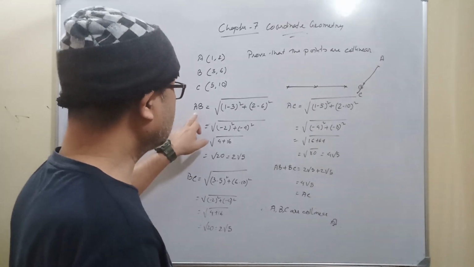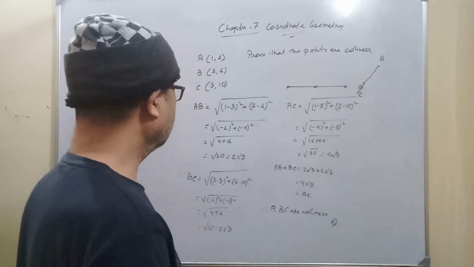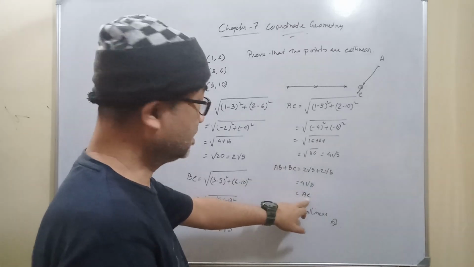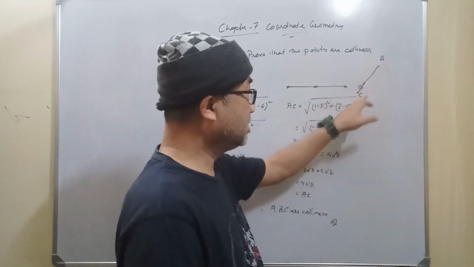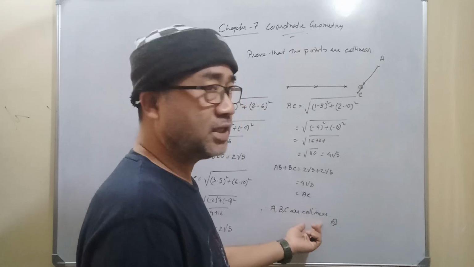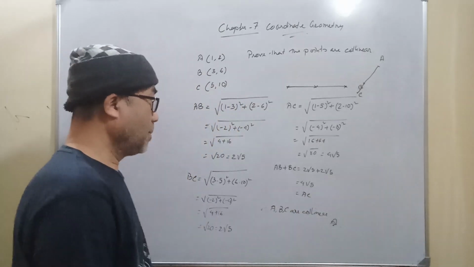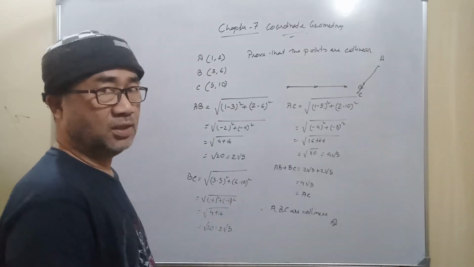By using the distance formula, we find distance AB, then BC, then AC, and then we find that AB plus BC is equal to AC. So this is possible only when B lies between A and C on a straight line. That means the 3 points are collinear on the same straight line. So this is one application of the distance formula.